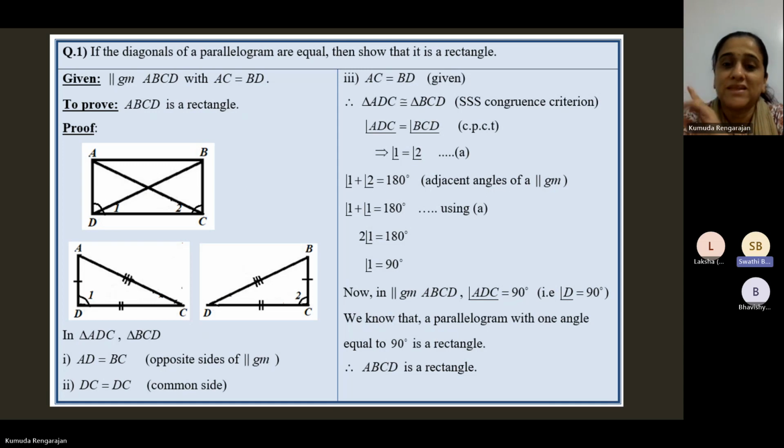Diagonals are not equal. Yeah, diagonals are unequal. That's what is related to the context here.